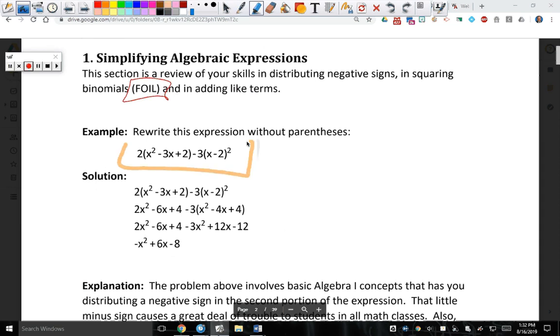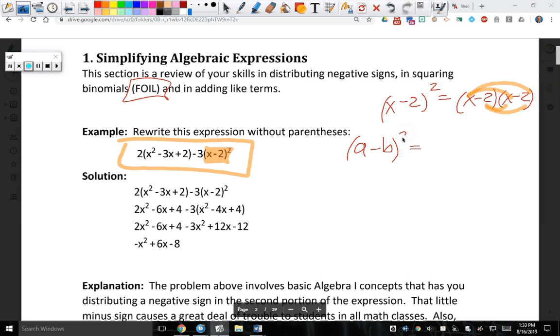Alright, so foiling and when to foil. Up here in this expression that we're about to simplify, you should notice something we talked about in the summer, this multiplicity of x minus 2 squared. If you need to write it out when the multiplicity is like this, 2 times, so that you do first, outside, inside, last, or you should probably have it memorized from those drill worksheets that we did over the summer.